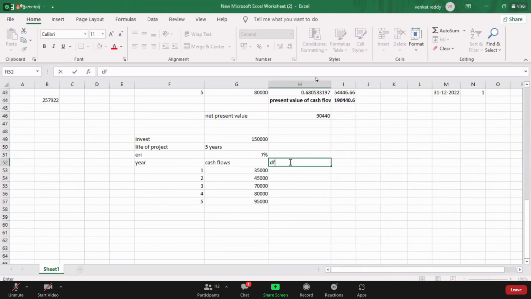So the discount factor at the rate of 7%. Yeah, net present value is 1,07,980. Very good. We'll see that.